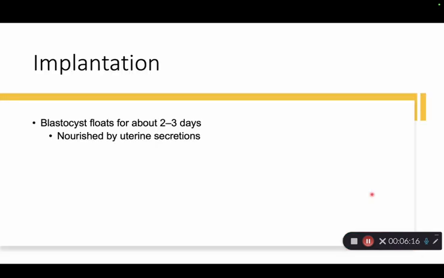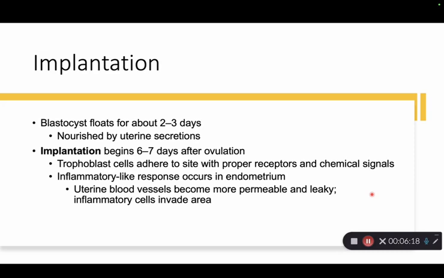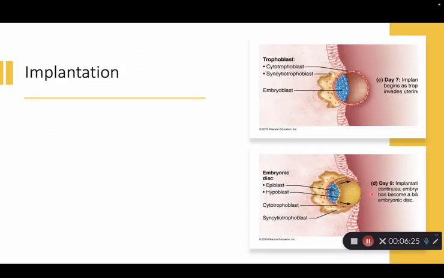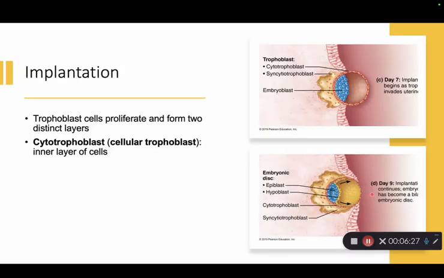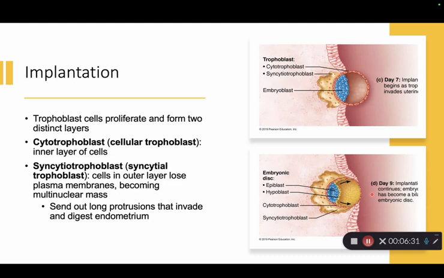As the trophoblast proliferates, it will form two layers. The cytotrophoblast is the cellular inner layer, while the syncytiotrophoblast is a multinucleated mass that invades the endometrium.